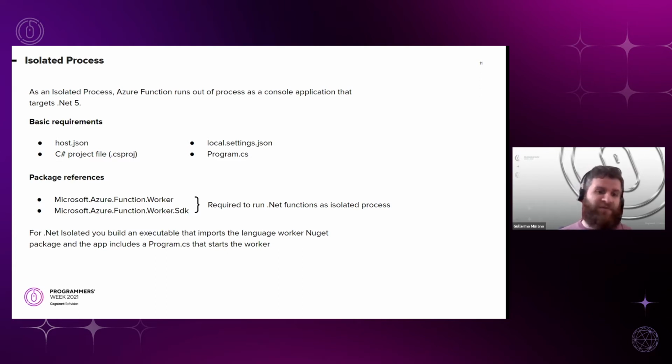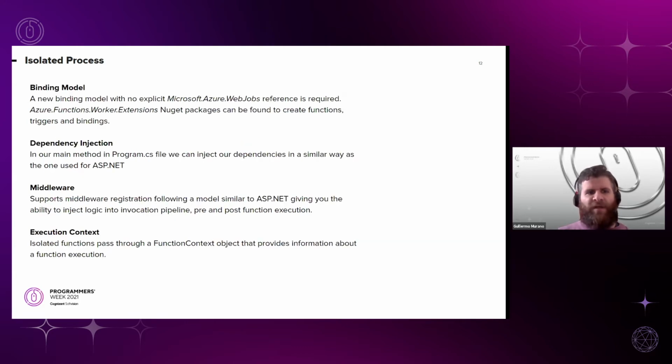On the package side, instead of the web host, we're going to have the worker and the worker SDK that are required to run .NET functions as isolated. You're going to be building an executable that imports the NuGet packages. And the app, as I mentioned, will include that Program.cs that will start the worker.